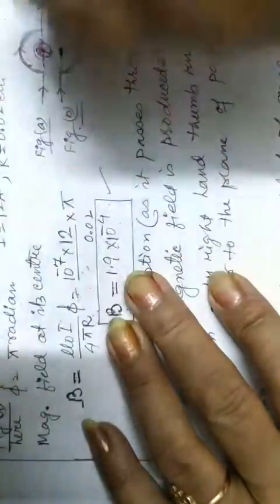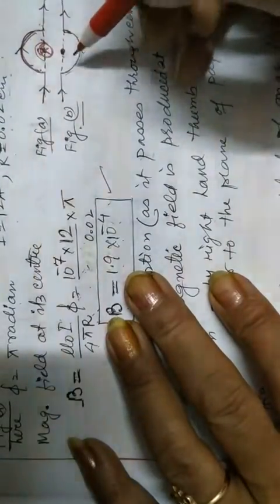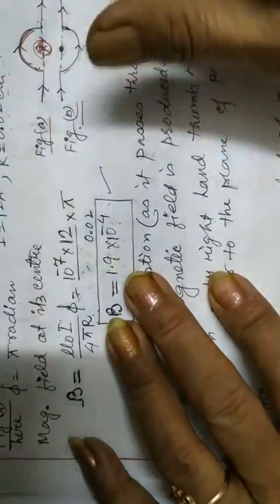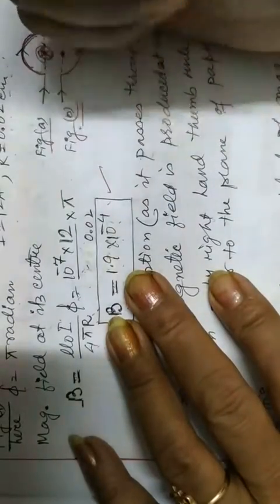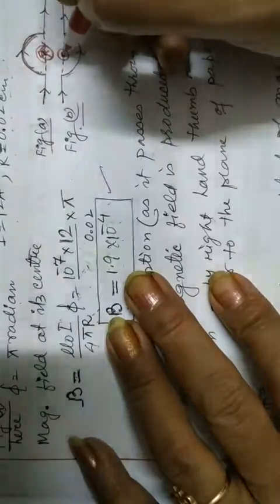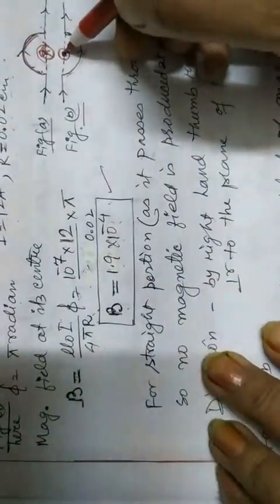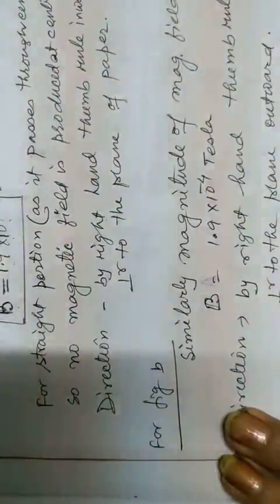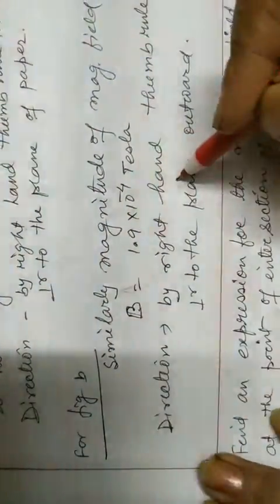So the magnetic field will be downward. For the other figure, the magnetic field will be outward. So for figure B, the magnetic field will be of the same magnitude, but the direction will be opposite.